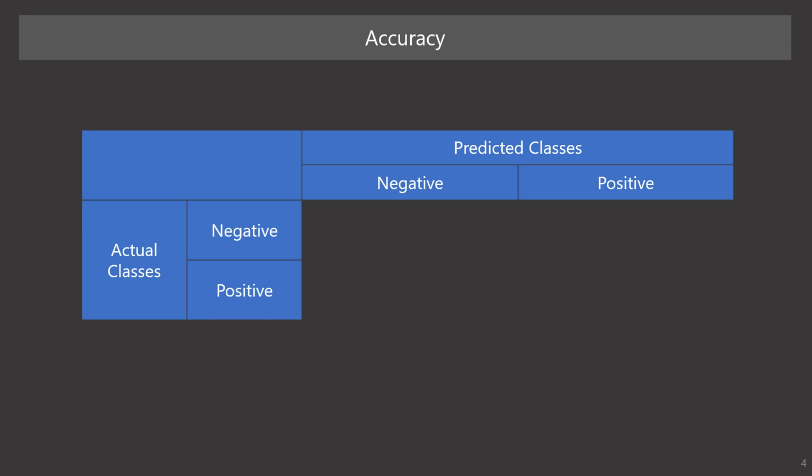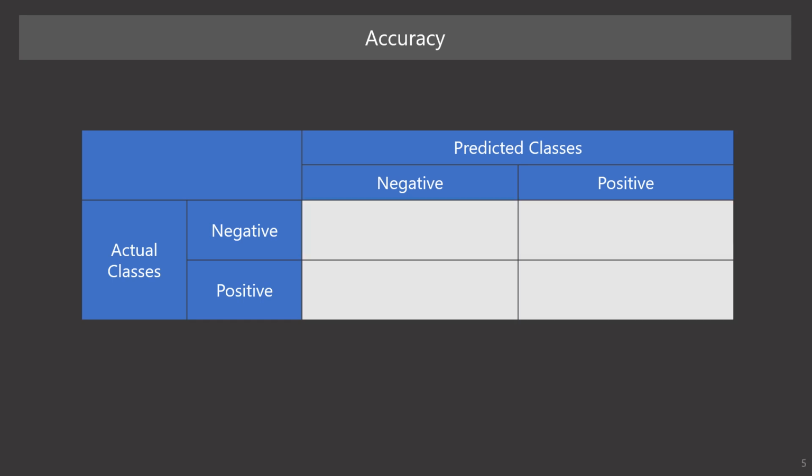It can also be negative or positive. So, both actual negative cases and actual positive cases can be predicted as either negative or positive. So, combining the actual classes and predicted classes, there are four patterns that can be depicted as these four cells.